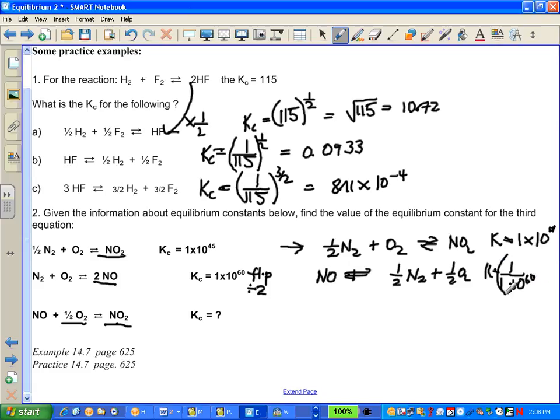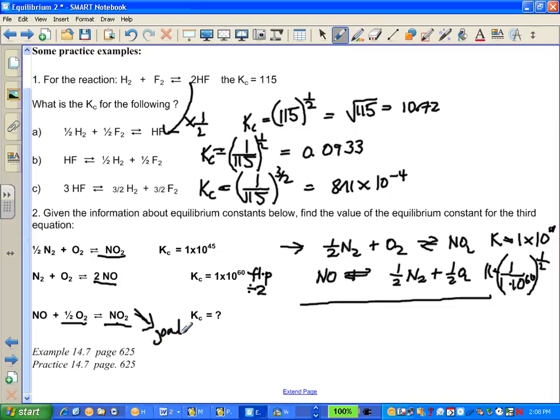And we multiplied it by 1/2, so we need to raise it to the power of 1/2. So these two equations should, when we add them, equal the goal equation, which we are trying to achieve.